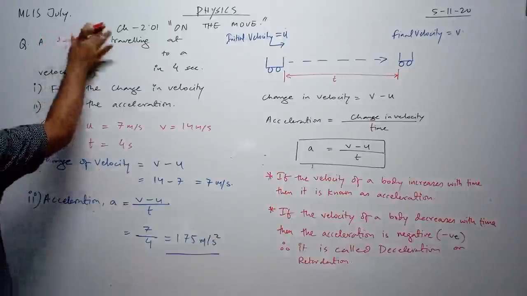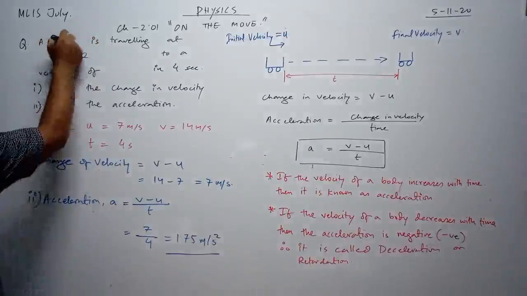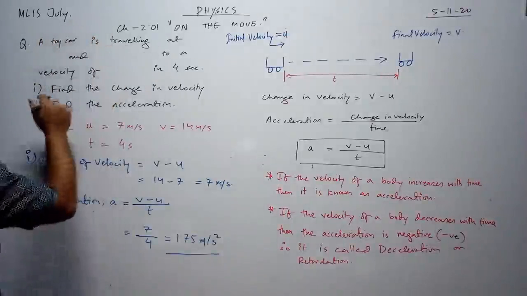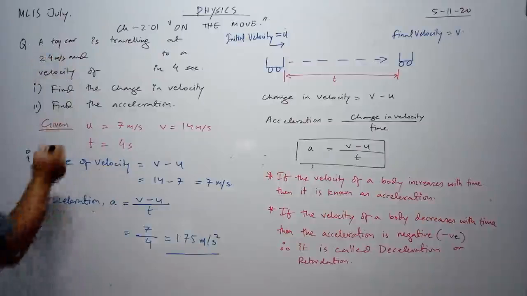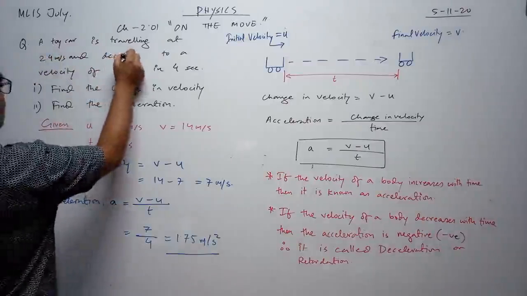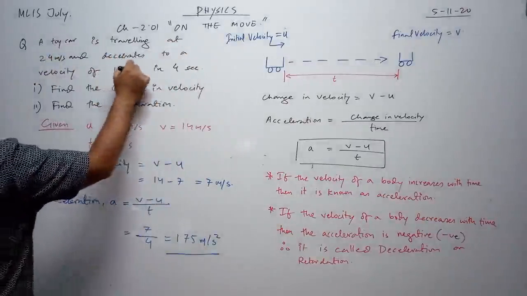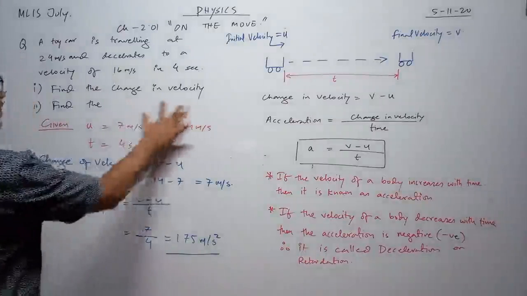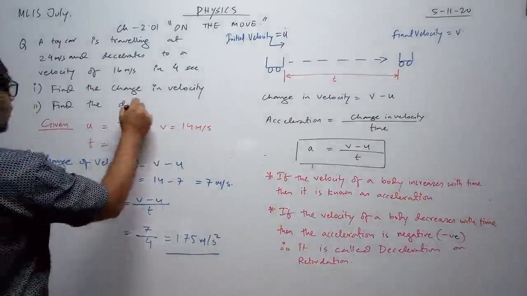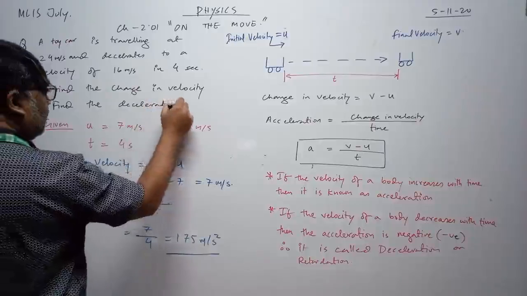A toy car is traveling at 24 meter per second and decelerates to a velocity of 16 meter per second in 4 seconds. Find the change in velocity and the deceleration.